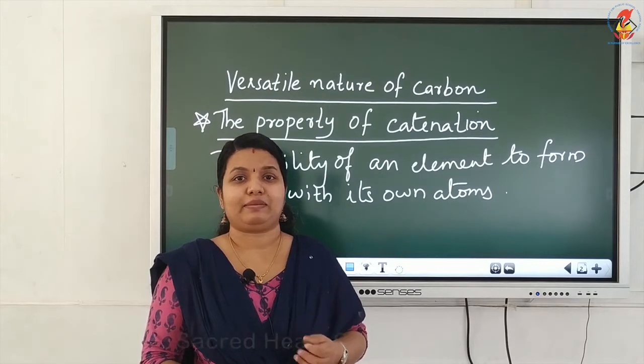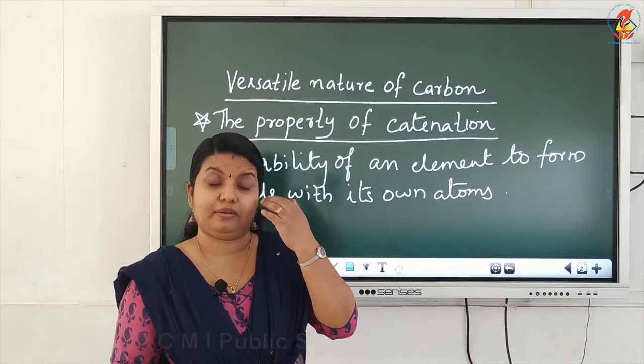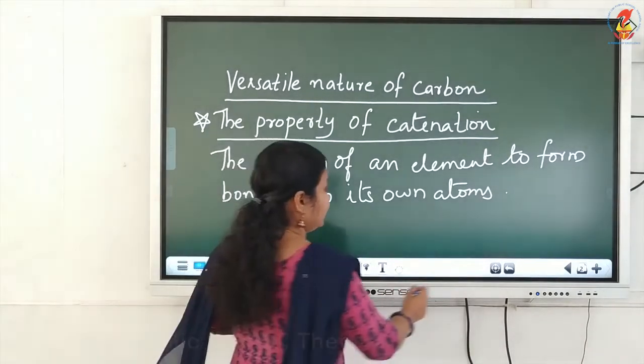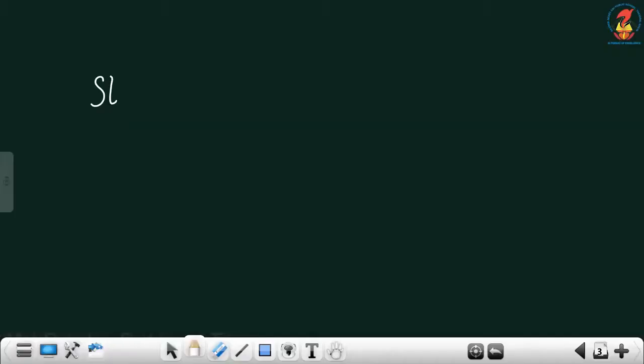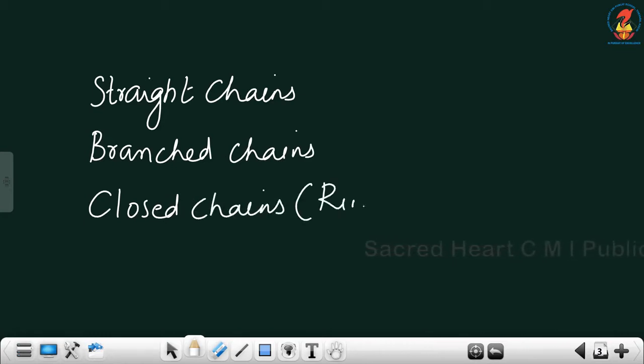So, carbon atoms can combine with one another, giving rise to long chains in different forms such as straight chains, branch chains, and closed chains or rings.